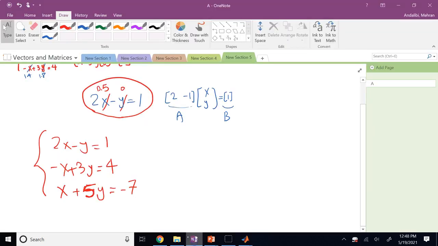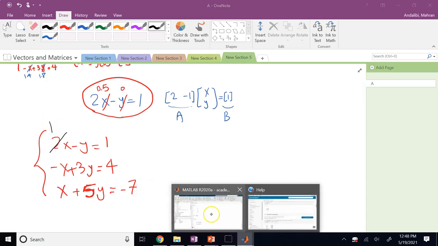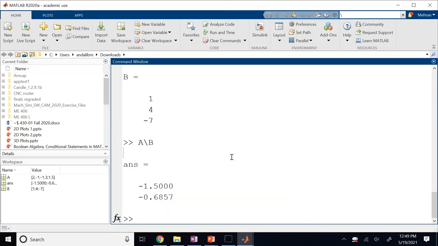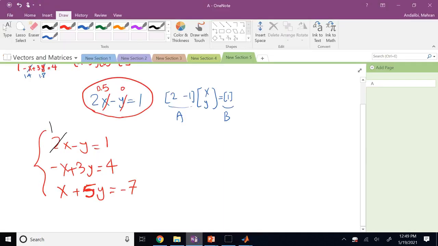Now, if you plug that in these equations, it was negative 1.5 and point what? 68 or 69, let's say. If you plug in here now for x, you have negative 3 and negative 0.69.